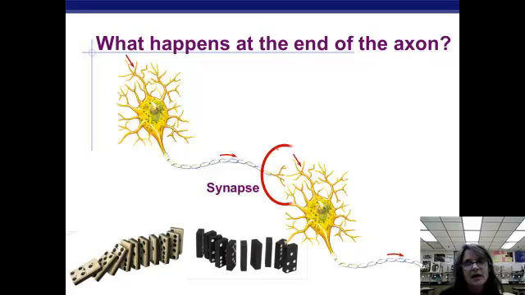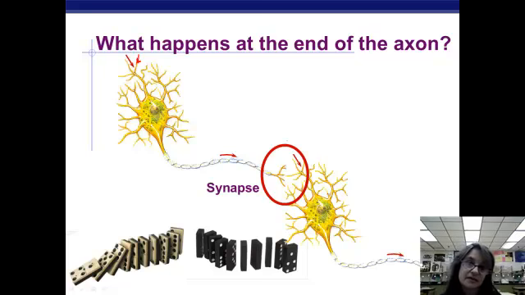Okay? Now, we have talked at great length about how an impulse would get, say, you feel a stimulus, you put your hand on a hot burner on your oven or something, and so you feel the stimulus enter the dendrite, and it is moving down the neuron through the axon, and it gets to the end of the axon.